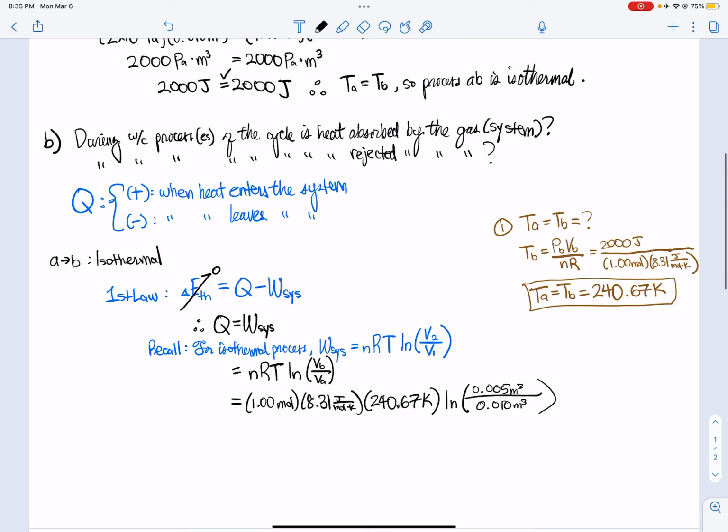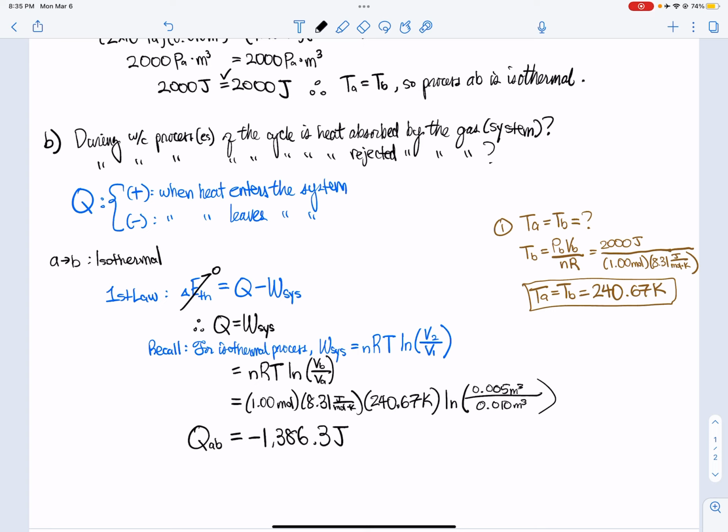Okay, if you plug that in your calculator and cancel out the units, we would get that the answer is, again, this is for state A to state B, process AB, right? So QAB is equal to negative 1,386.3 joules, okay?